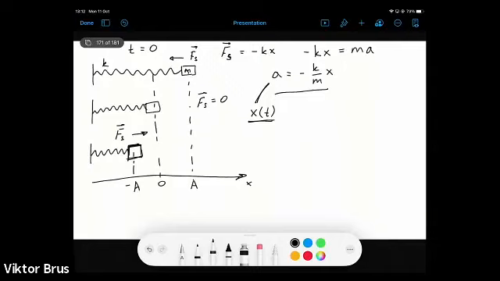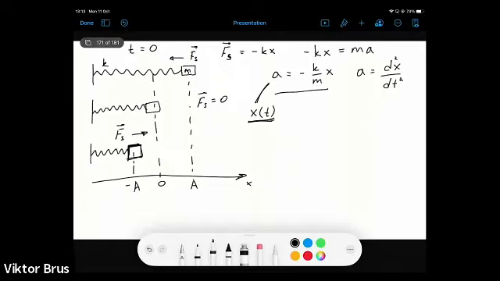Depends what you are doing, but let's say if we have this function, x as a function of time, we can take the second derivative of this function over time, and that will give us acceleration. So acceleration we can also write as d squared x over dt squared.